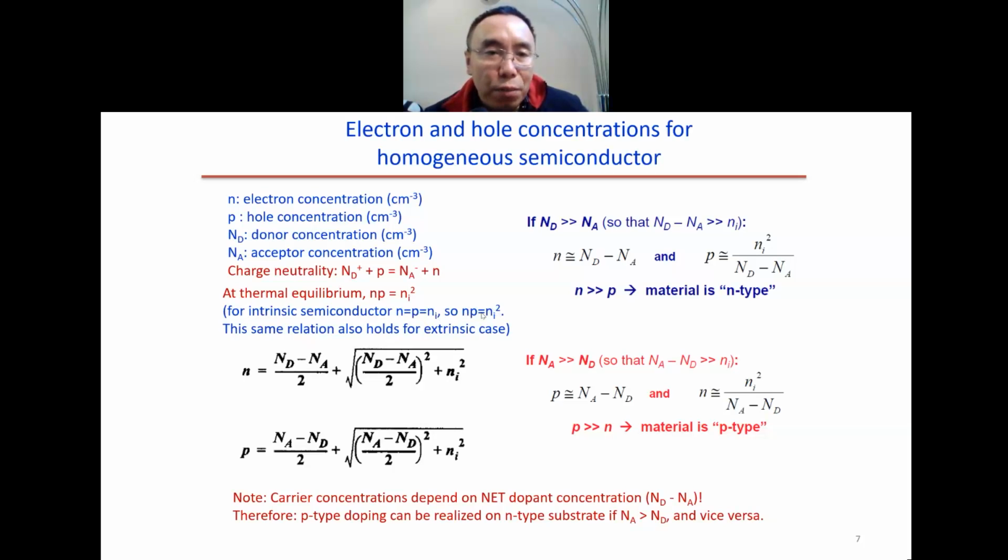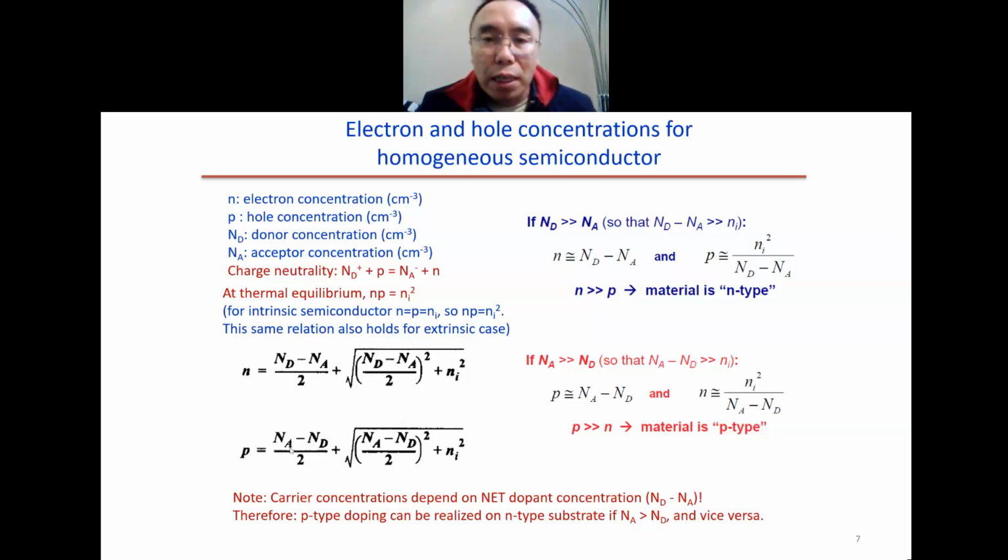This is the case for the intrinsic semiconductor, but actually the same relation also holds for the extrinsic case. That means when we have doping, this is also true. So now we have two equations and two unknowns, N and P. Then we can solve N and P to give this formula for the electron and hole concentration.